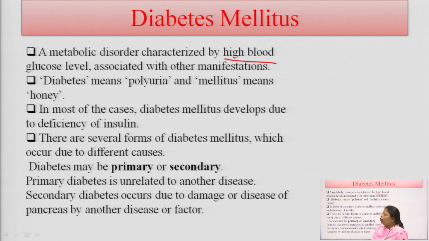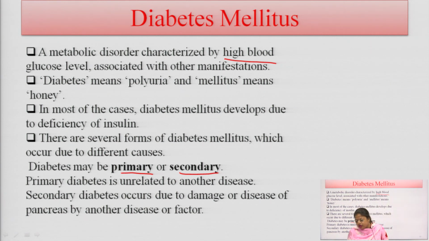There are two types of diabetes mellitus present here. First is primary and the second is secondary. The primary diabetes is unrelated to any type of disease. No disease is correlated with it. It depends mainly on the diet, or on your normal physiological conditions, as you are going towards that particular condition.